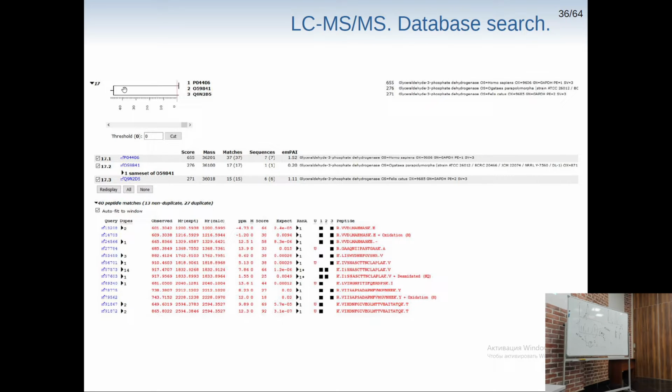As you can see, there is a group of proteins which is identified, and all of these proteins are actually the same protein, GAPDH, glyceraldehyde-3-phosphate dehydrogenase, but from different species: from human, from cat, and from I don't know what. ATCC, so it should be some cell line, I think. What do you think?